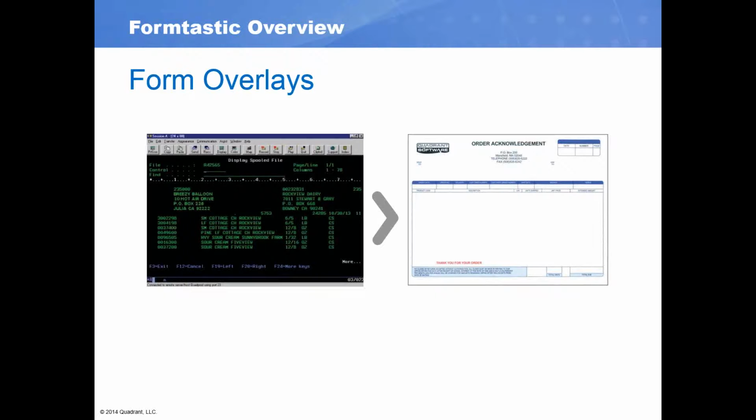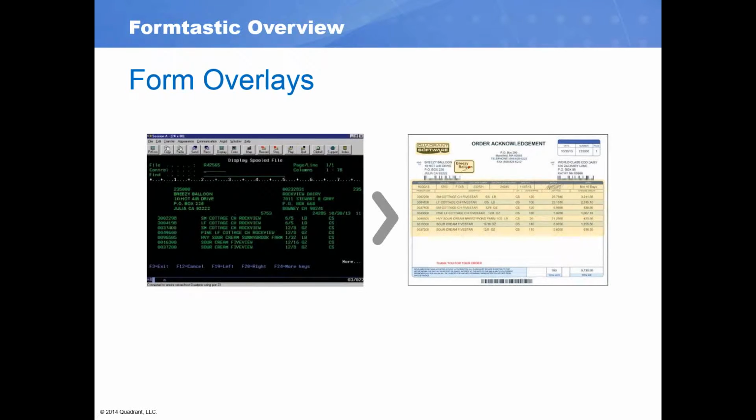These overlays are automatically merged with the spool file as they are generated in IBMi. You can add graphics and branding such as company logos, customer logos, different colored fonts, tables, headings, boxes, lines, barcodes. Object data can be set to appear based on conditional rules.